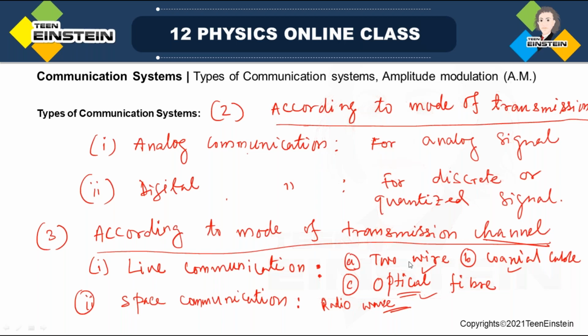Line communication means we use two wire or coaxial cable or optical fiber, and in case of space communication, like radio wave, whatever telephonic communication, wireless communication happens, that happens through space. Space communication means wireless communication.